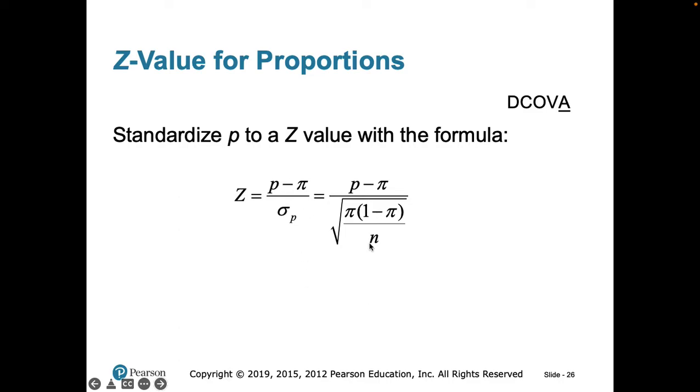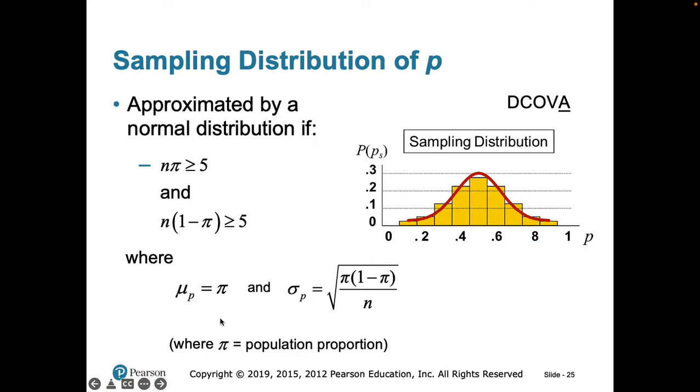I know this might look like a lot of numbers in there, but it's just the same numbers here. So you can see that the mean is going to equal pi, and the standard deviation, we have the formula there.